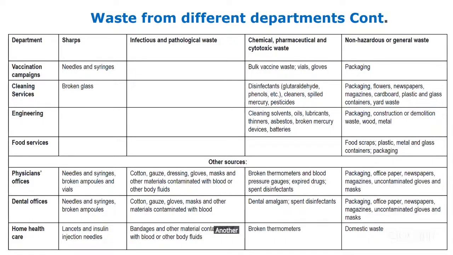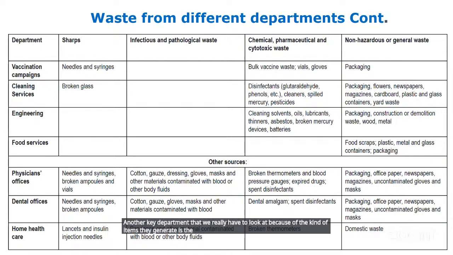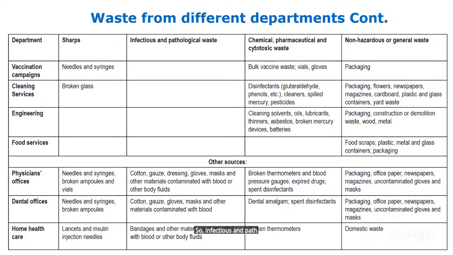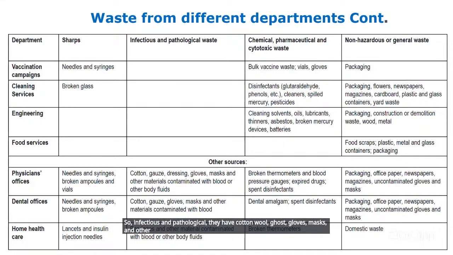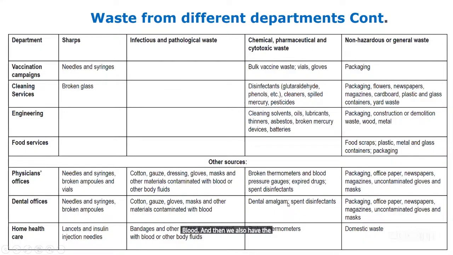Another key department that we really have to look at because of the kind of items they generate is the dental offices. They also have needles, syringes, and broken ampoules. Under infectious and pathological, they have cotton wool, gauze, gloves, masks, and other material contaminated with blood. Then we also have dental amalgam and spent disinfectants.